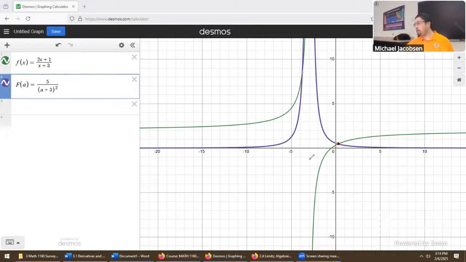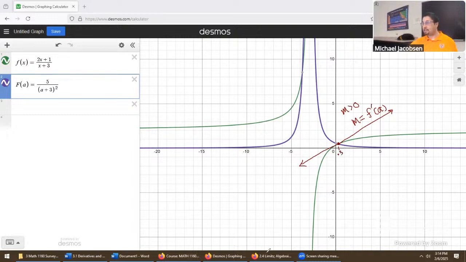If you put a tangent line equation on that graph, the tangent line would look about like that. And it has a slope. The slope of that tangent line, m, is hard to calculate unless we did that process, but I could tell you m is positive, and m is going to be equal to f prime at a. Looks like this is a value of about maybe 0.3 that I selected right there.